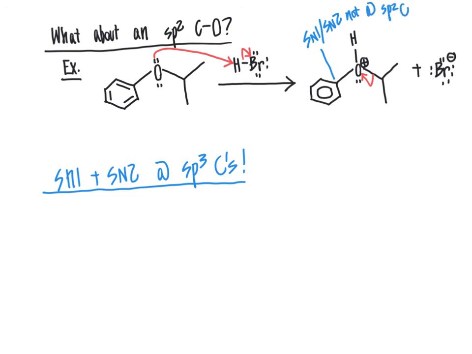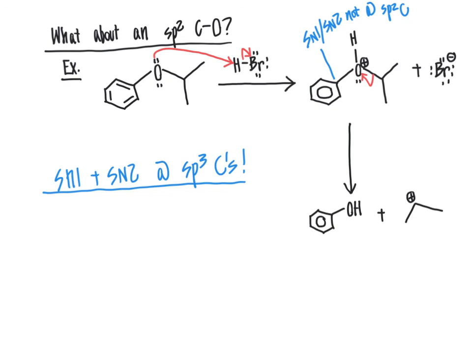So leave that carbon-oxygen bond on the left side intact. No matter what's going on there, if it's an sp2 carbon, it is not going to react. So we break that bond as I'm showing in red. That's going to result in the formation of phenol and our secondary carbocation right here.